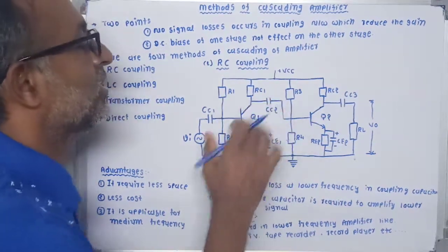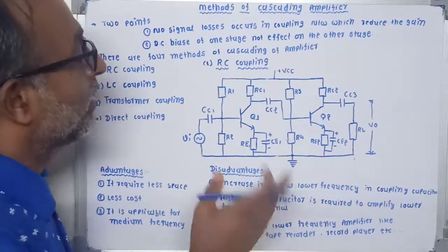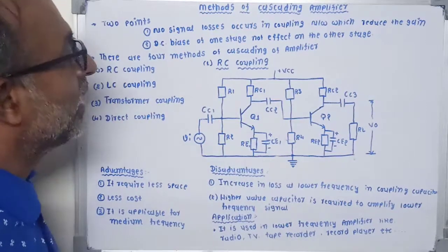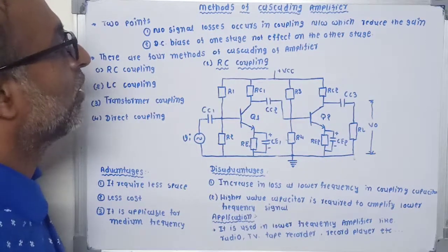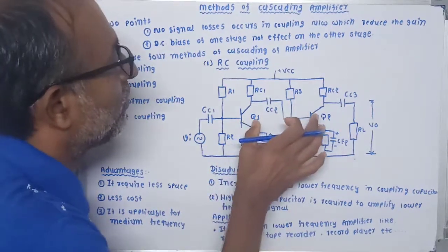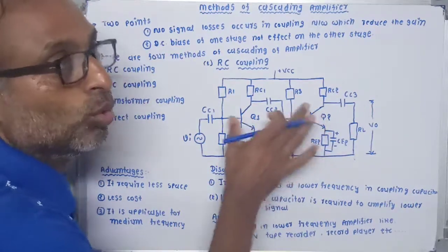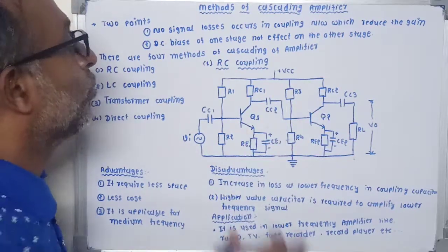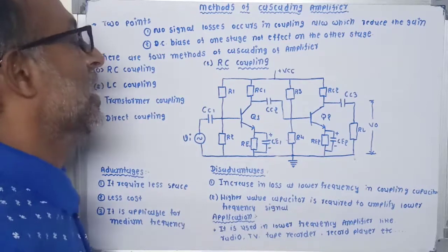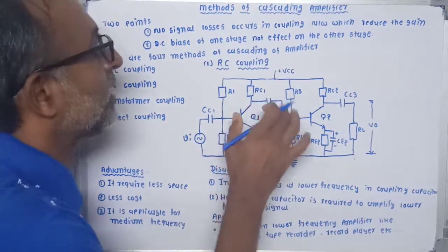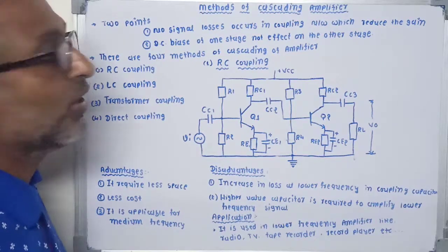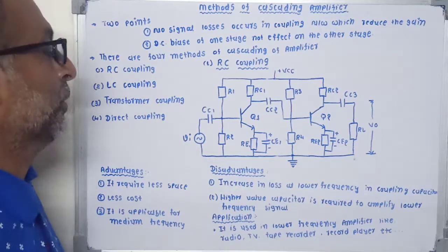That means this capacitor blocks the DC voltage. Therefore there is no effect on the DC biasing of the two amplifiers, amplifier 1 and amplifier 2, and that means both amplifiers are independent in DC bias. That's why this capacitor CC2 is called blocking capacitor or coupling capacitor.